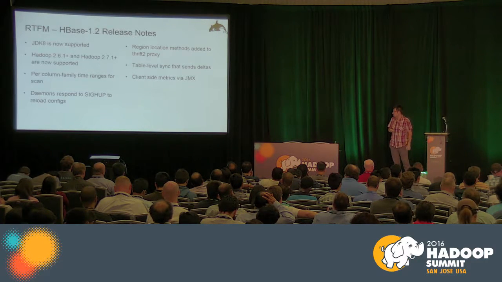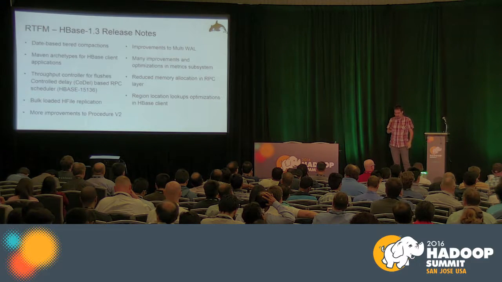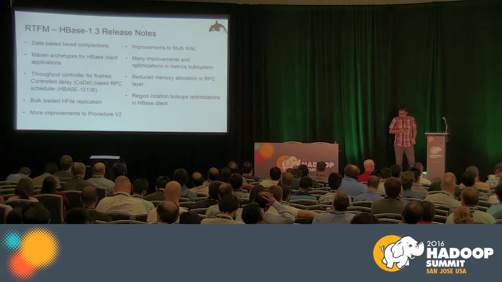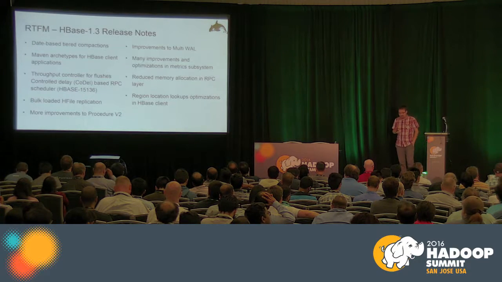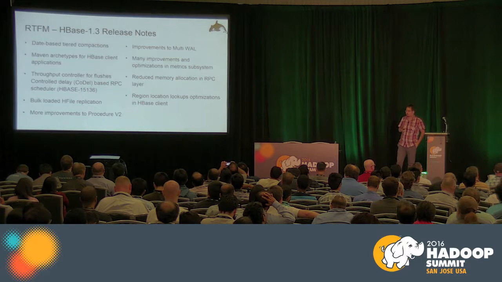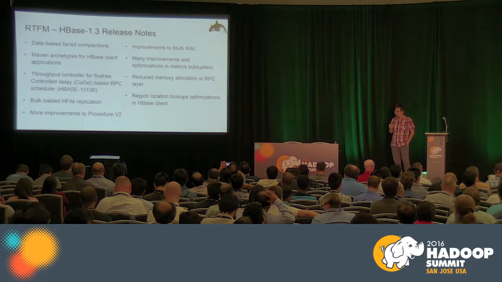And there's also a bunch of client-side metrics coming from the JMX. Okay, and the 1.3 release line is again coming very shortly. It has the date-tiered compactions. We will take a deeper look at it at a later time.